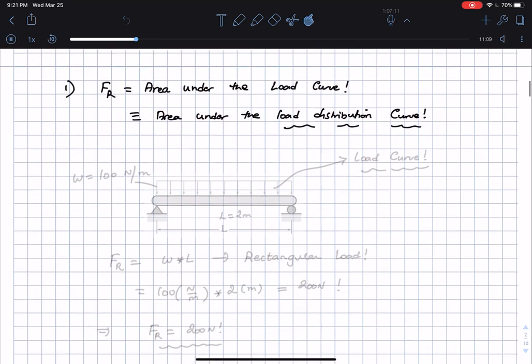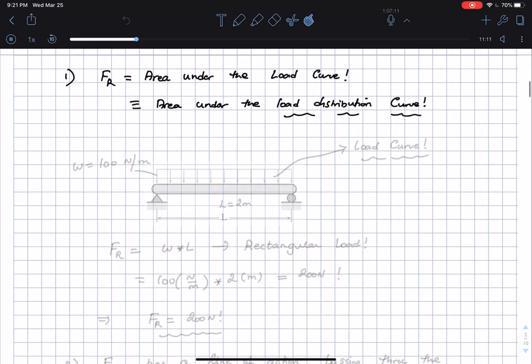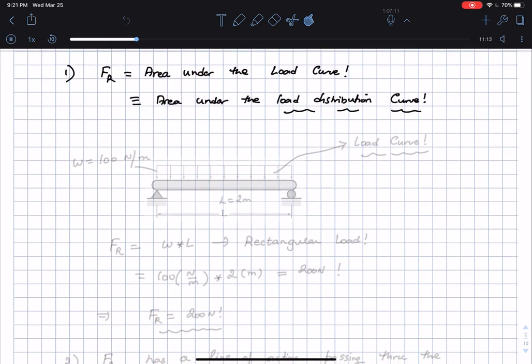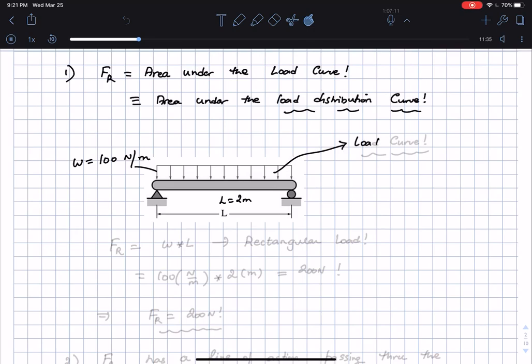And that's fairly straightforward for us, right? Because if I take this figure from before, if I copy this and I put it here, I see that the load value is 100 newtons per meter. This is the load intensity W, and L is equal to 2 meters, and this is the load curve. Okay, what is the area under this load curve?